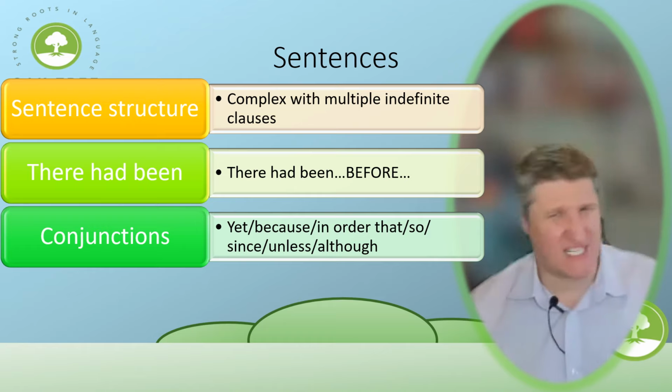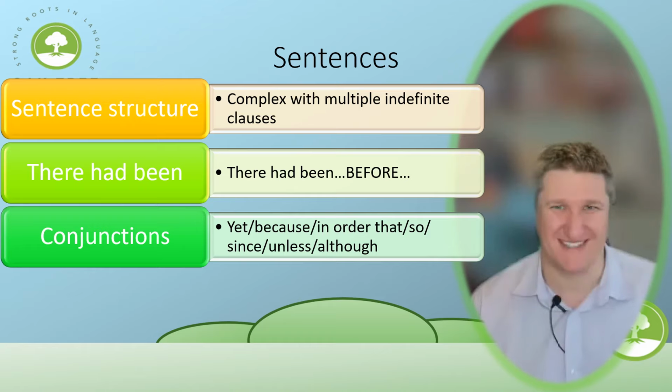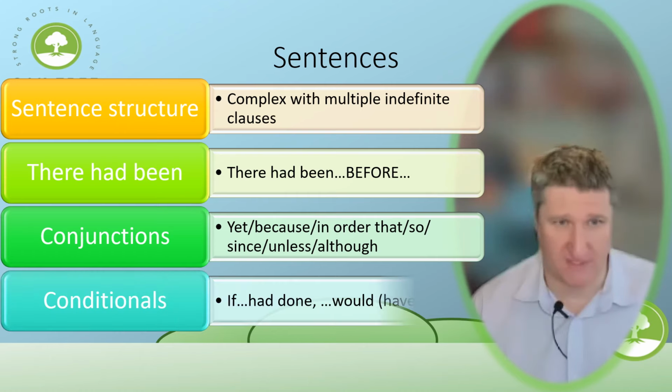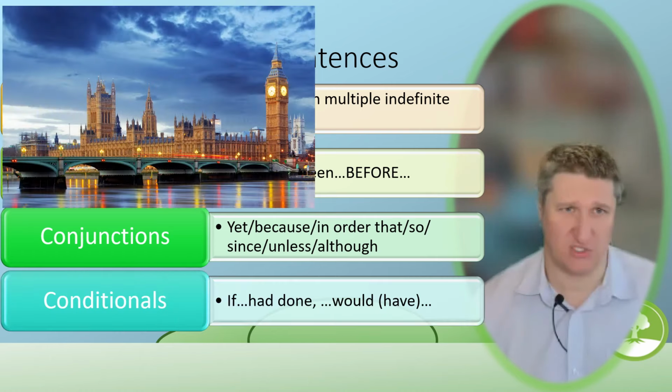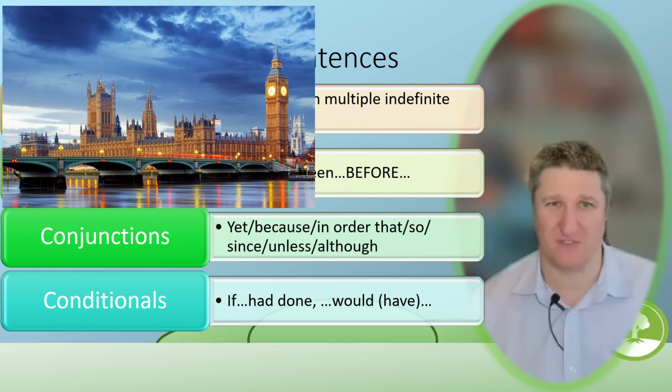I mentioned conditional conjunctions. These are used in conditional sentences. You were using 0 and first conditional at entry 3. If you enter the Houses of Parliament, there they are, the Houses of Parliament, you are arrested. If I go to London, I will see Big Ben.